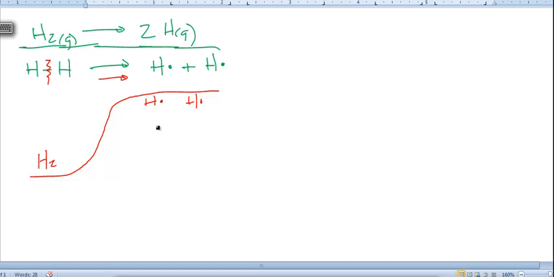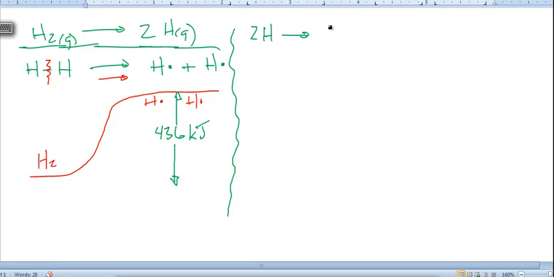To finish off our potential energy diagram, now that we know the energy from the table, this is what this means. If you want to take 1 mole of hydrogen molecules and break those bonds, you're going to be going uphill, right? Now, conversely, what about the other way? Let's say you want to take 2 atoms of hydrogen and let them form a molecule.